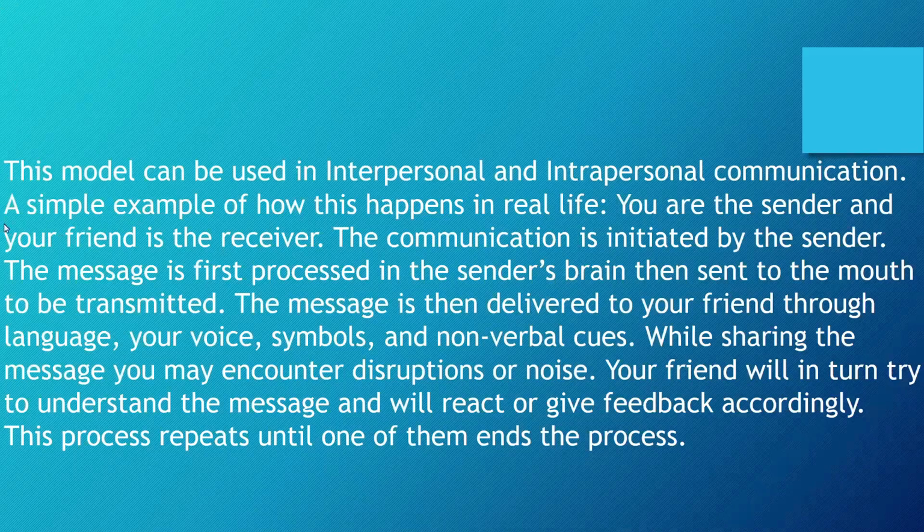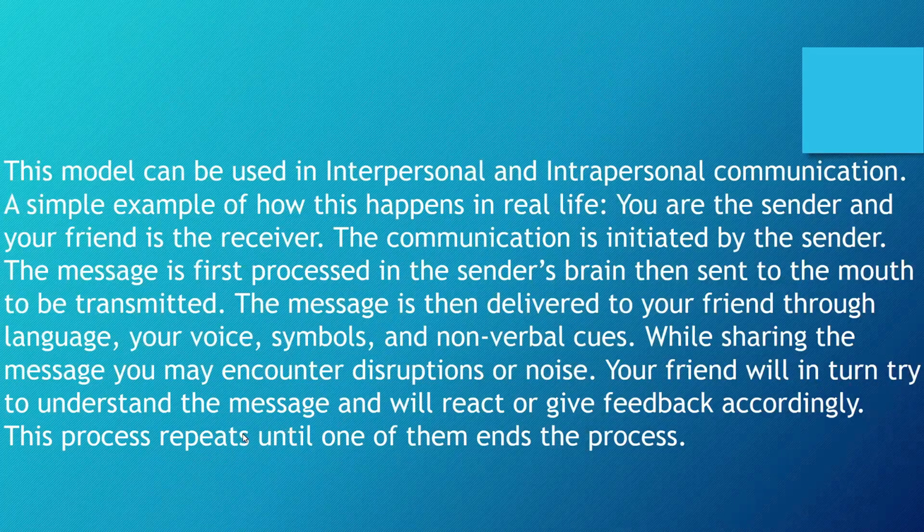Here is a simple example of how this happens in real life. You are the sender and your friend is the receiver. The communication is initiated by the sender, of course. The message is first processed in the sender's brain, then sent to the mouth to be transmitted. The message is then delivered to your friend through language, your voice, symbols, and nonverbal cues.